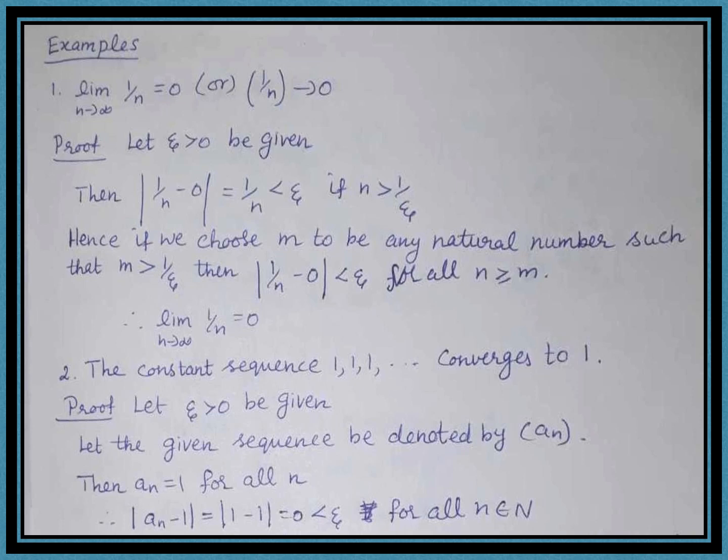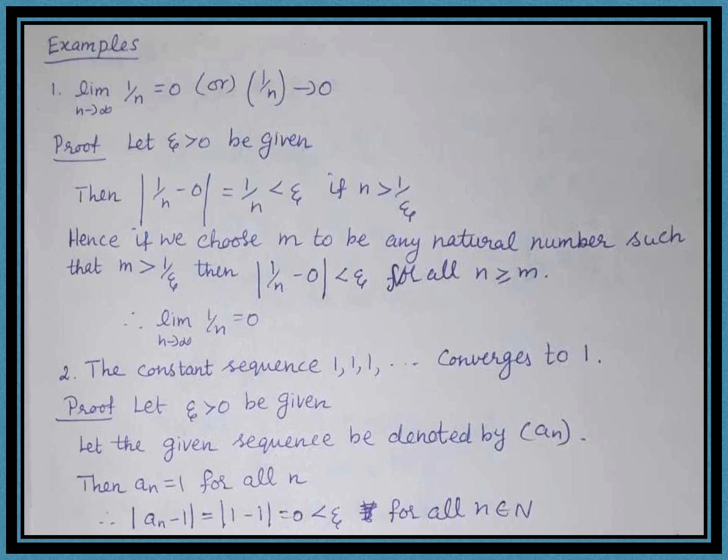So let epsilon greater than 0 be given. By the definition, we have to find the positive integer m such that absolute value of an minus L is less than epsilon. Here our an is 1 by n and L is 0. So 1 by n minus 0, whose absolute value is 1 by n, should be less than epsilon.